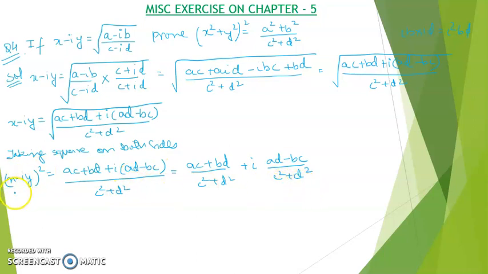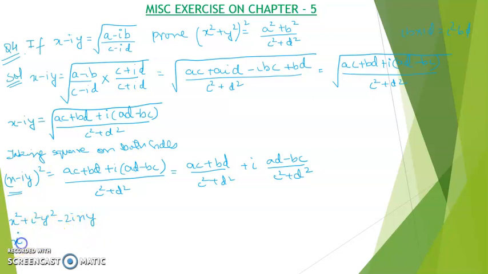Now if I open this bracket on the left side, (x minus iy) whole square, like (a minus b) whole square is a square plus b square minus twice ab.